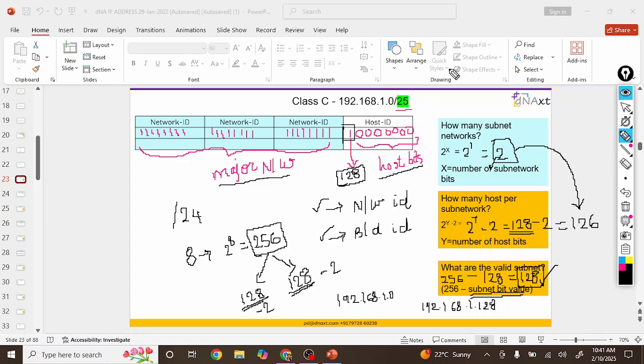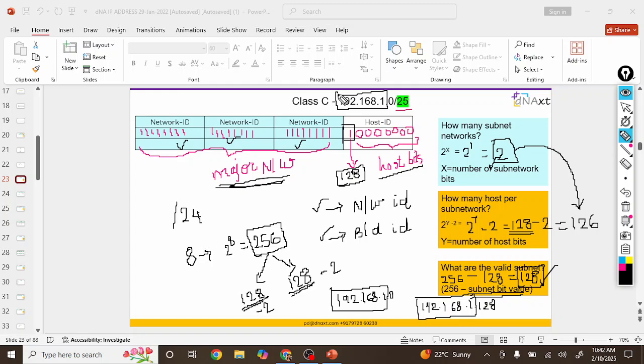You will never ever disturb the octets of the major network while subnetting. The first 3 octets belong to the major network, so we are not going to disturb the numbers in these 3 octets for class C. So you will do the increment only in the 4th octet.